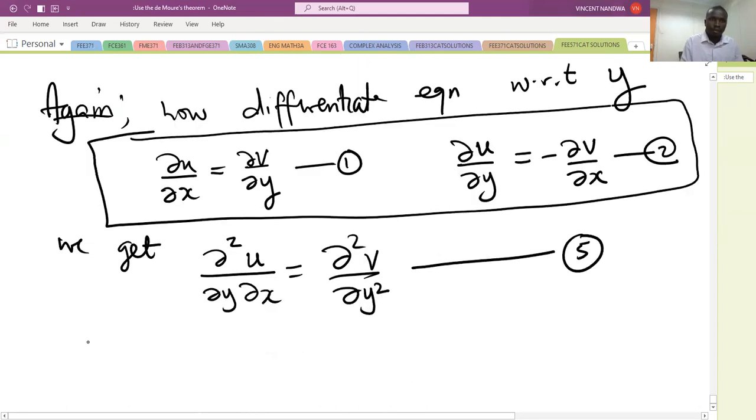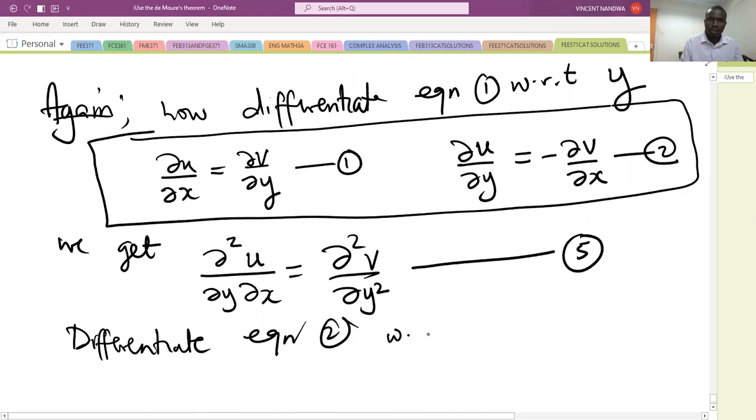And then differentiate equation 2 with respect to x.